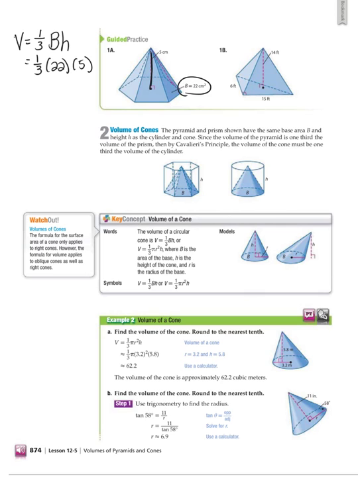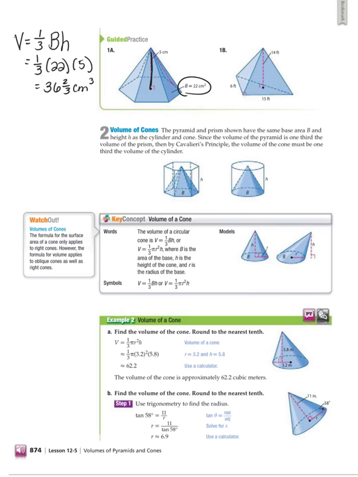And I'm going to get 36 2/3 cubic centimeters. So if I have a little sugar cube that's 1 centimeter cubed, it would take me exactly 36 2/3 of those little cubes to fill up that particular pyramid in 1A.